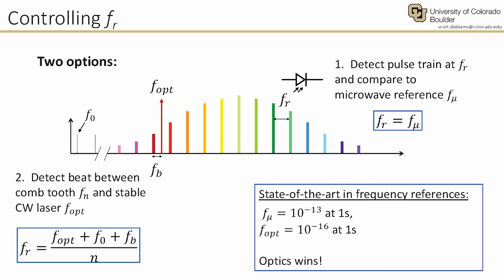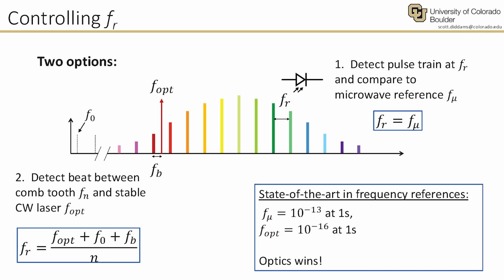Let me say just a couple words about how you control the comb, because I told you these wheels are spinning. How do we enmesh the gears? Okay, so if we want to control the mode spacing, there's 2 ways to do that. One way is just to detect the rate at which the pulses come out of the laser.